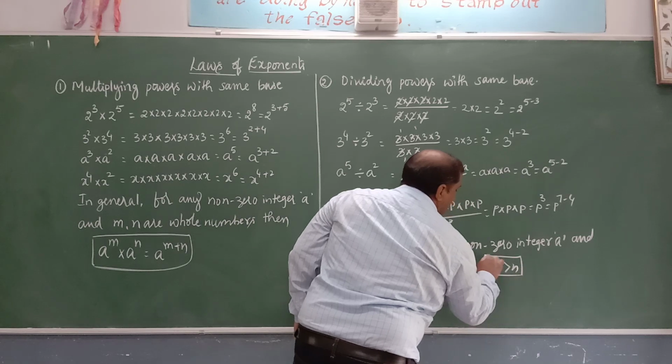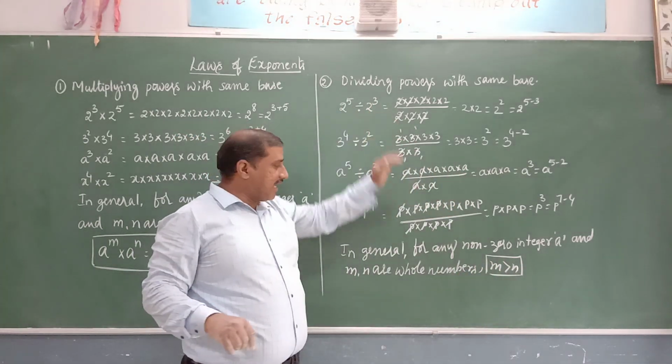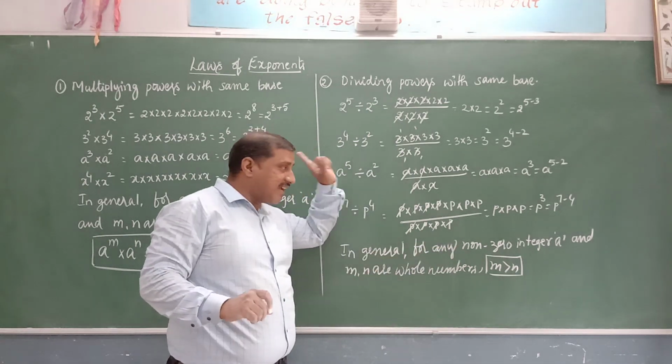That is, the exponent of the first value should be greater than the exponent of the second value. That you should remember. m is always greater than n.